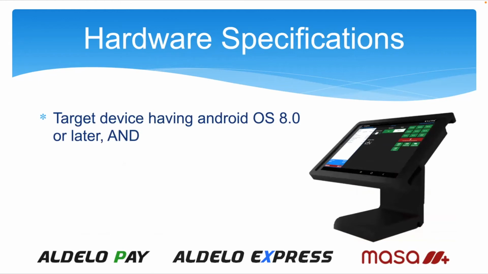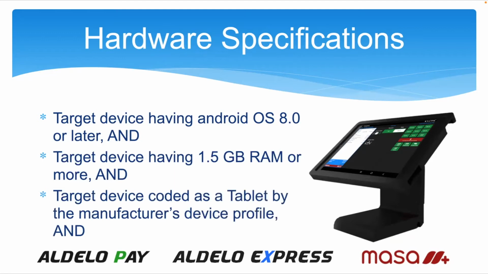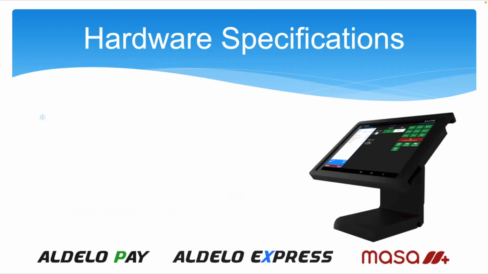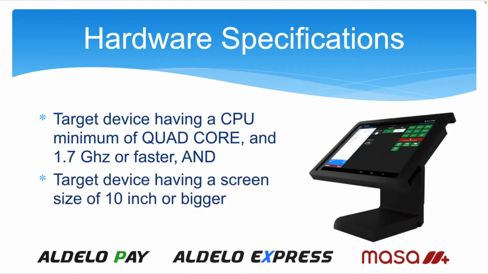So the target device has to have Android OS 8.0 or later, and at least 1.5 gigabytes of RAM or more, and be coded as a tablet by the manufacturer's device profile, and have a quad core CPU at 1.7 gigahertz or faster, and a screen size of 10 inches or bigger.